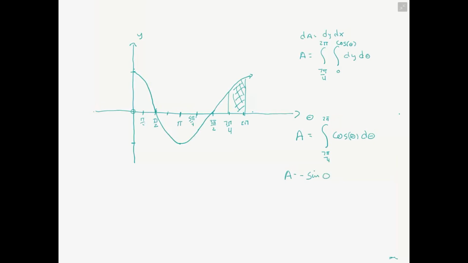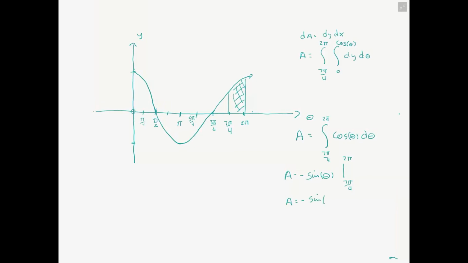And then we have area equals minus sine of theta between 2 pi and 7 pi on 4.